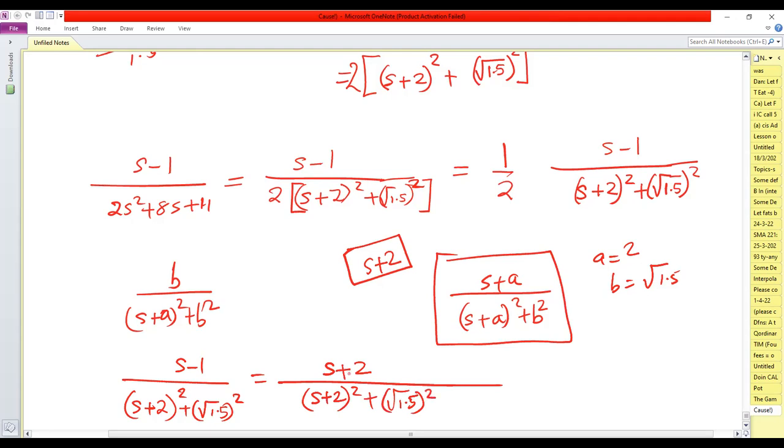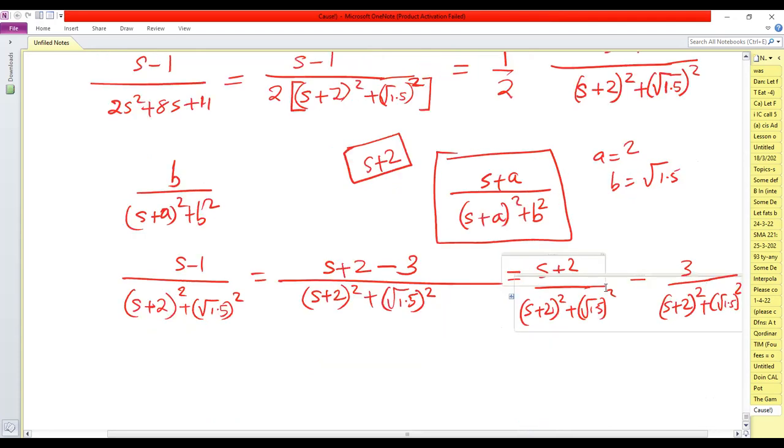Now, when I put s plus 2 here, to get my negative 1, I have to subtract 3 so that this equality makes sense. Once I've done that, I'll write this as (s plus 2) over ((s plus 2) squared plus square root of 1.5 squared), and then minus 3 over ((s plus 2) squared plus square root of 1.5 squared).